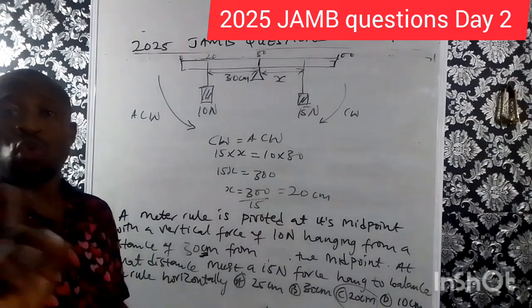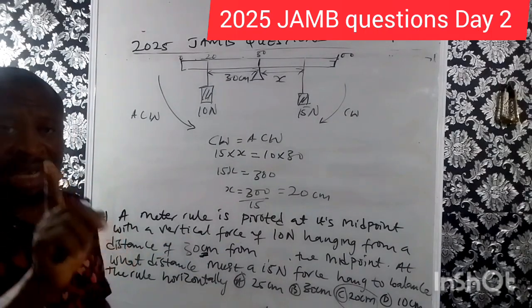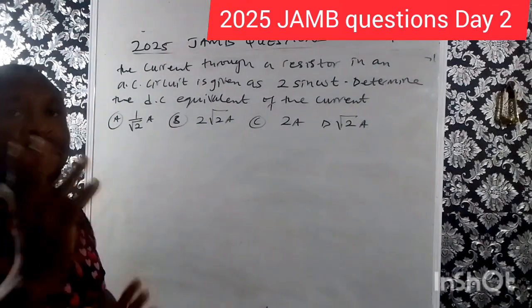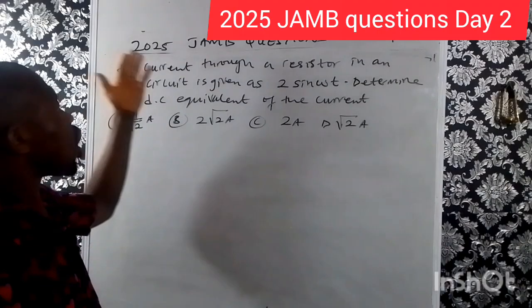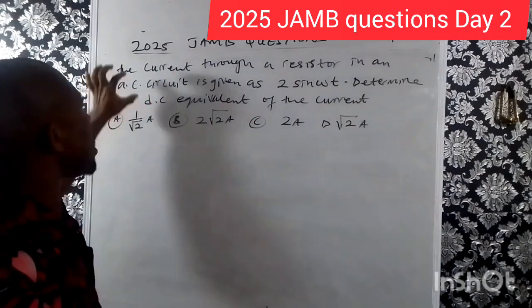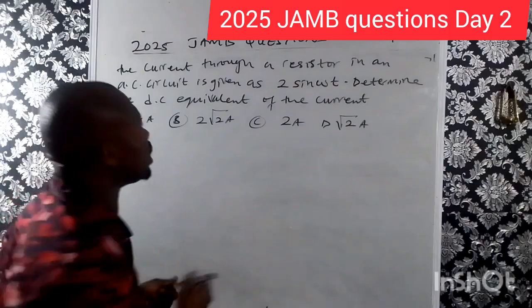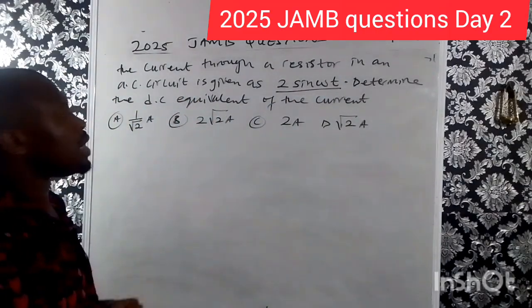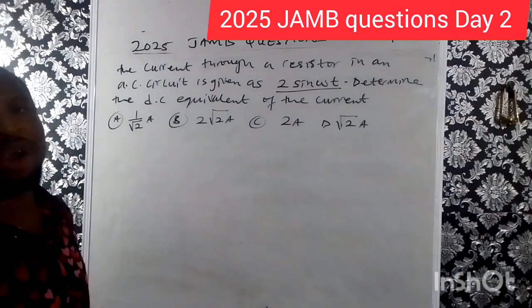Now we take the last but not the least question. The question says, the current through a resistor in an AC circuit is given as 2 sine omega t. Determine the DC equivalent of the current.